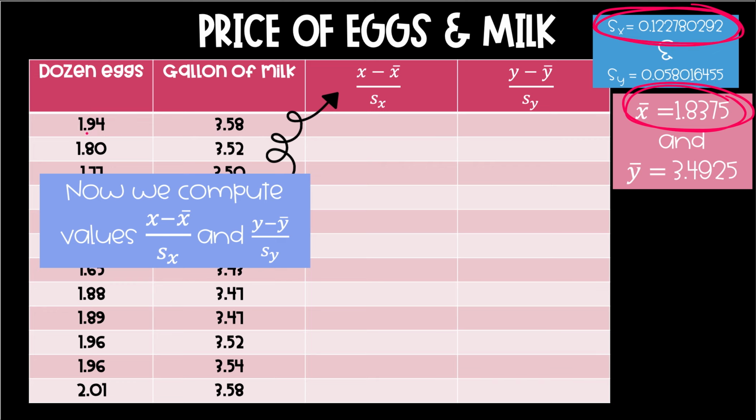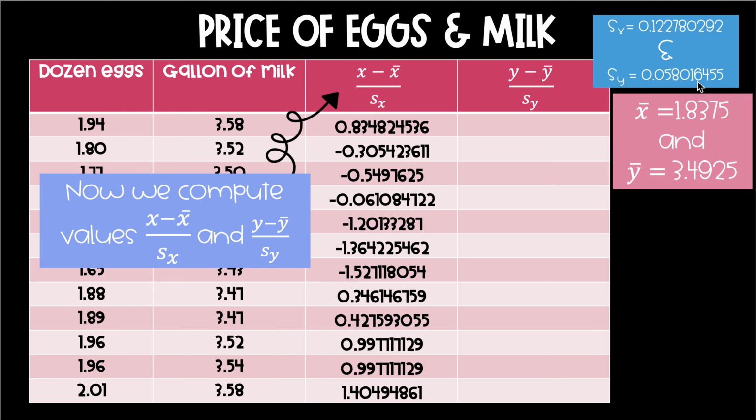And after I do it with 1.84, I'm going to do it with 1.80 and so on. That will be my next column. Some of the values will be negative because the mean will be greater than the price of the eggs.